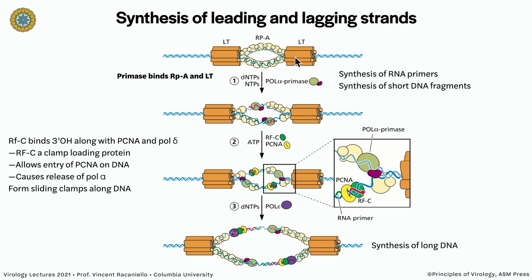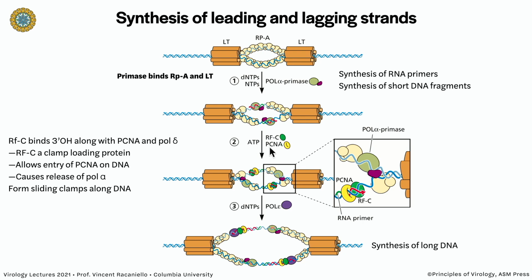So here we have that large T flanked bubble with RPA bound to both strands. Then the first polymerase comes in, called polymerase alpha primase, which makes the RNA primers on this single strand, on both strands, of course, and it will also make short DNA fragments. So here we have Pol alpha primase coming in there and starting to synthesize the RNA primer, and then the red is the DNA.